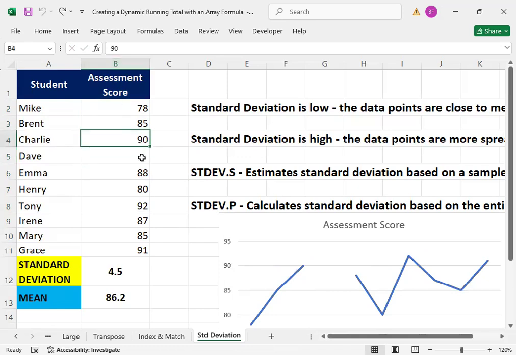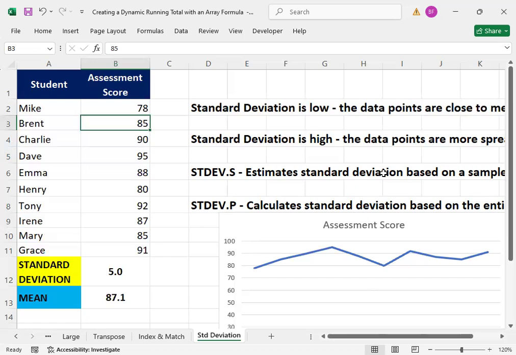Now let me see what happens if the standard deviation is 20 plus. Right now it's about 5. So if I put 20 plus, it would mean extreme variation. So let's say, for example, some students scoring 40 and others scoring 100.